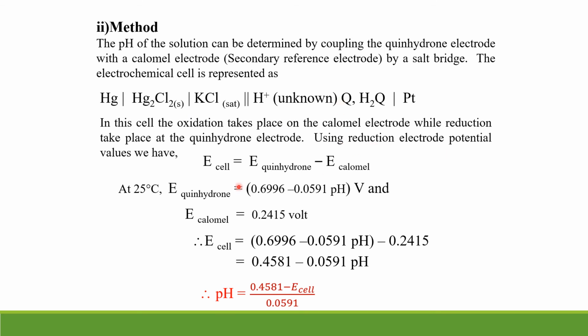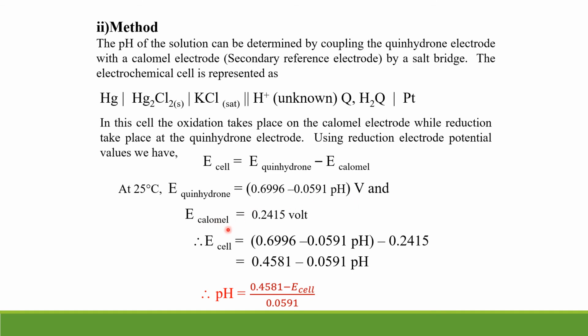And using the reduction electrode potential values, we have the EMF of the complete electrochemical cell. We can write E cell is equal to the EMF of the quinhydrone electrode, that is the right hand electrode, minus the EMF of the calomel electrode, that is the left hand electrode. Now we know the EMF of the quinhydrone electrode, which we just found in the previous slide, is 0.6996 minus 0.0591 pH volt.